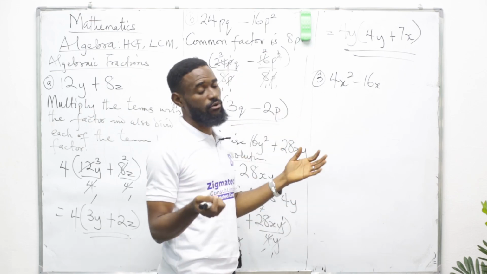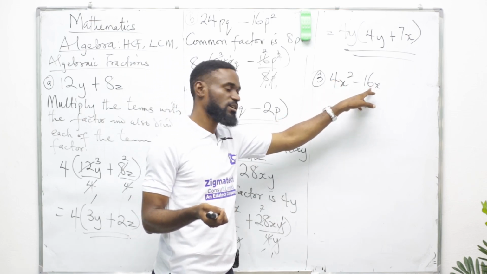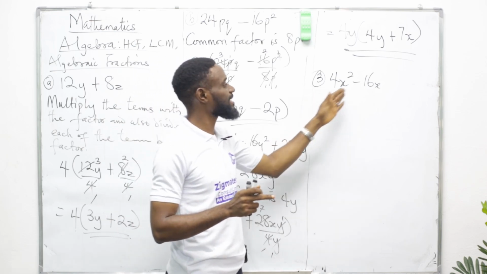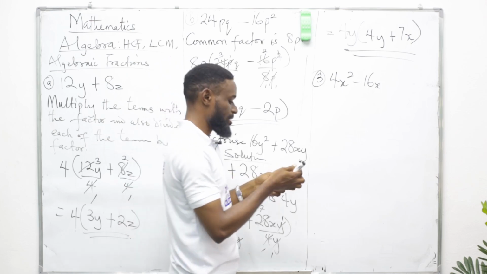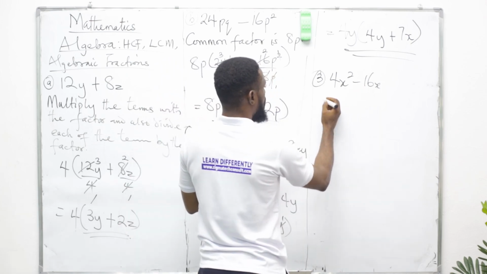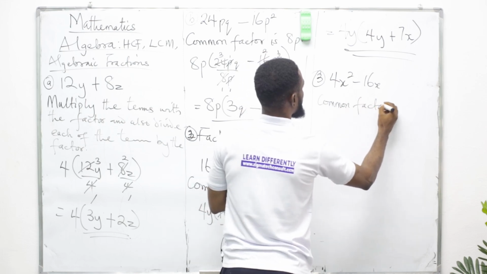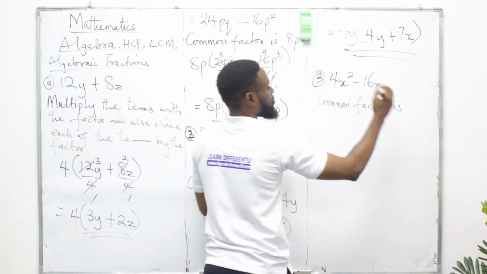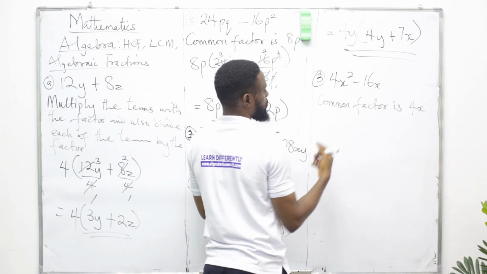Remember, the factor we use is a factor that when it divides this and this, it will give answers that are not common. Do you understand? All right, so here, our common factor is 4x, because 4x is here, 4x is here too, okay?